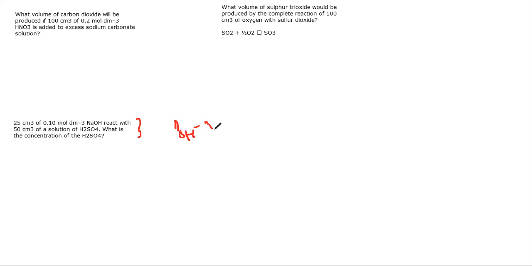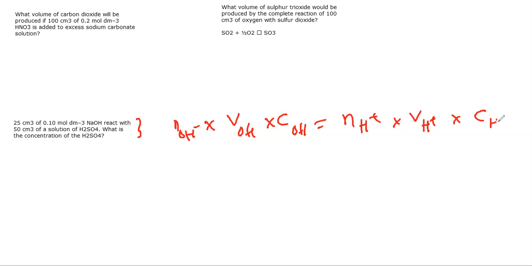N_OH times volume OH times concentration of OH equals N_H+ times V_H+ times C_H+. So what's N? N is actually the number of hydroxide. In this case, you only have 1 hydroxide.